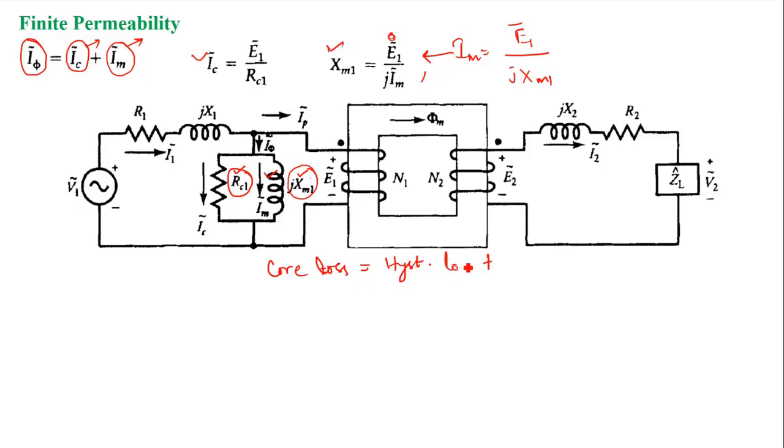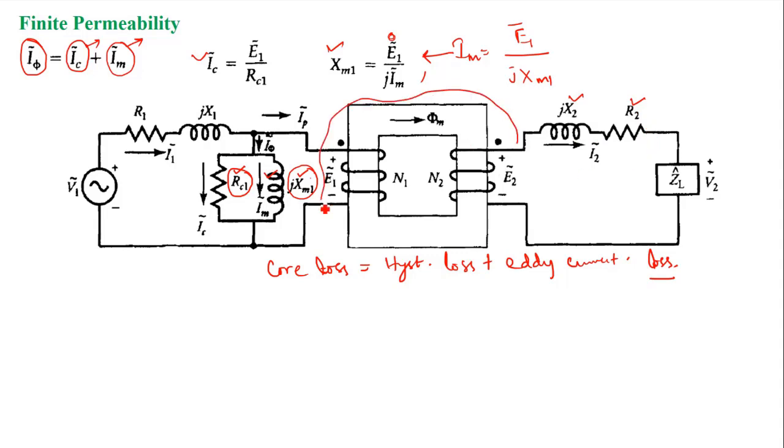Similarly, xm is representing the mutual flux produced and enclosed in the core, and x2 represents the leakage flux in the secondary winding, and R2 represents the resistance of the secondary winding.